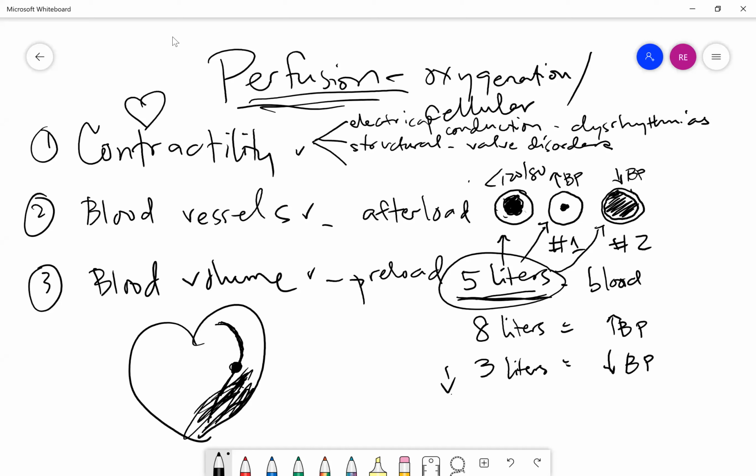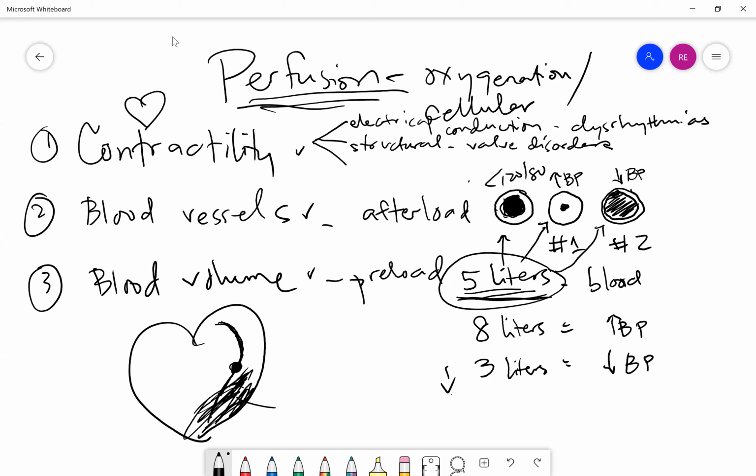Let's go to the blood vessels now. So same heart who suffered a heart attack. Let's say this is the normal diameter of the vessel. Can it still pump the same 5 liters through this same opening of the vessel?